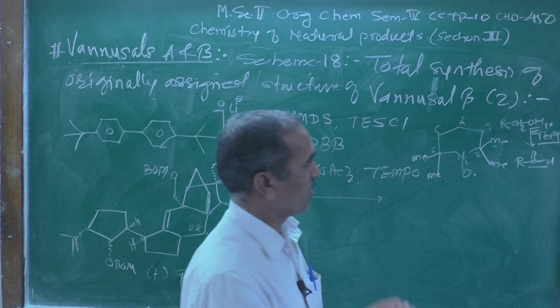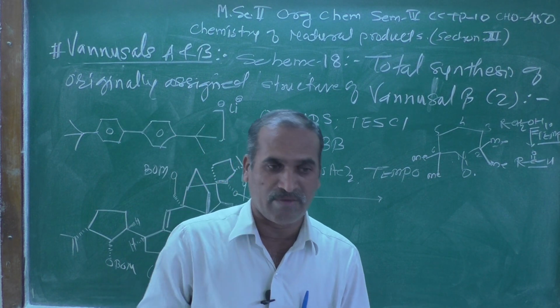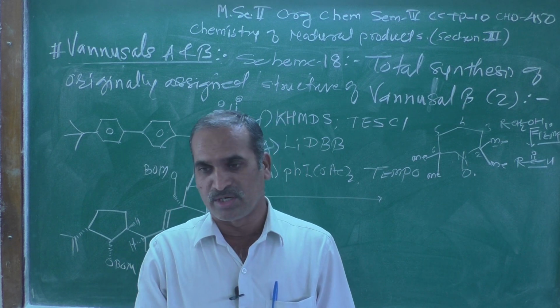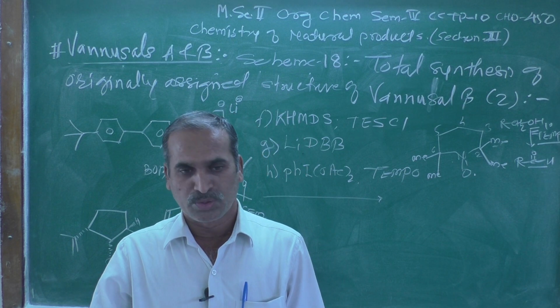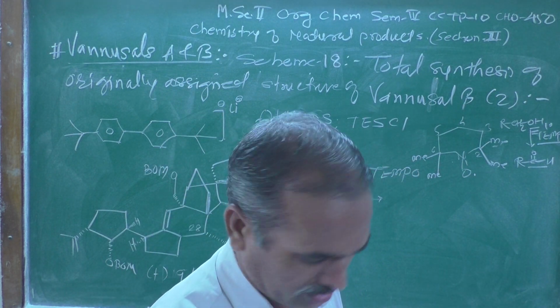And same thing here, TEMPO is another commercially available free radical reagent which can convert primary alcohol to the aldehyde. You can remember that over here.